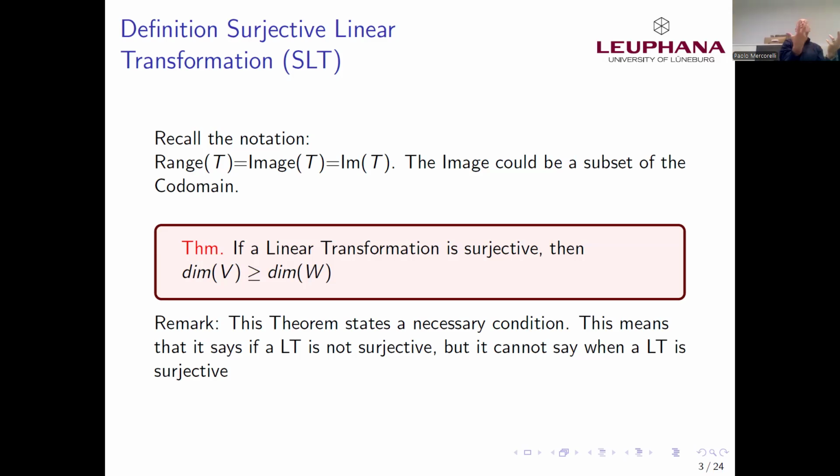I don't know if it's clear what I intend. If W must be covered totally, then if the dimension of W is larger than the dimension of V, intuitively it cannot be covered totally.